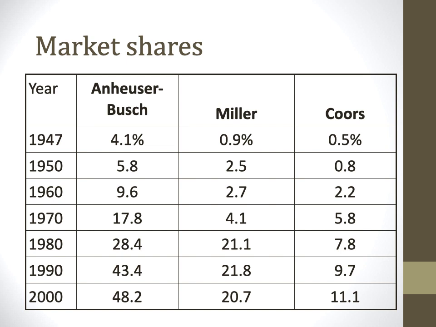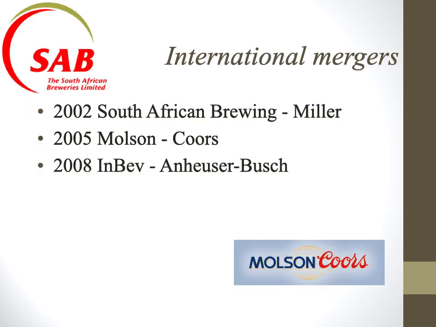One thing that's really different, though, is that none of these companies exist today as independent firms. Their brands are still there, but the companies are no longer independent, no longer based here in the United States. And that leads to our next market restructuring, which was a large wave of international mergers.